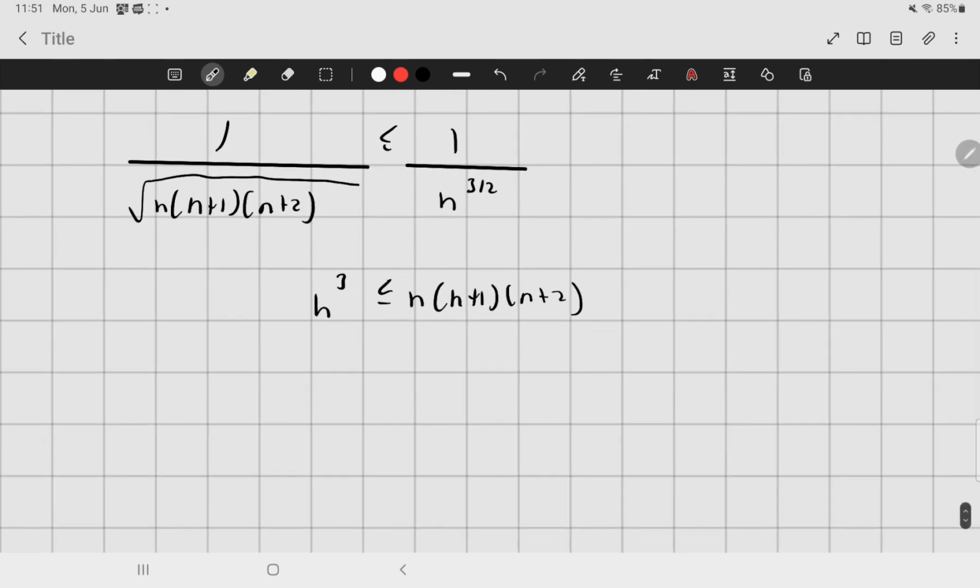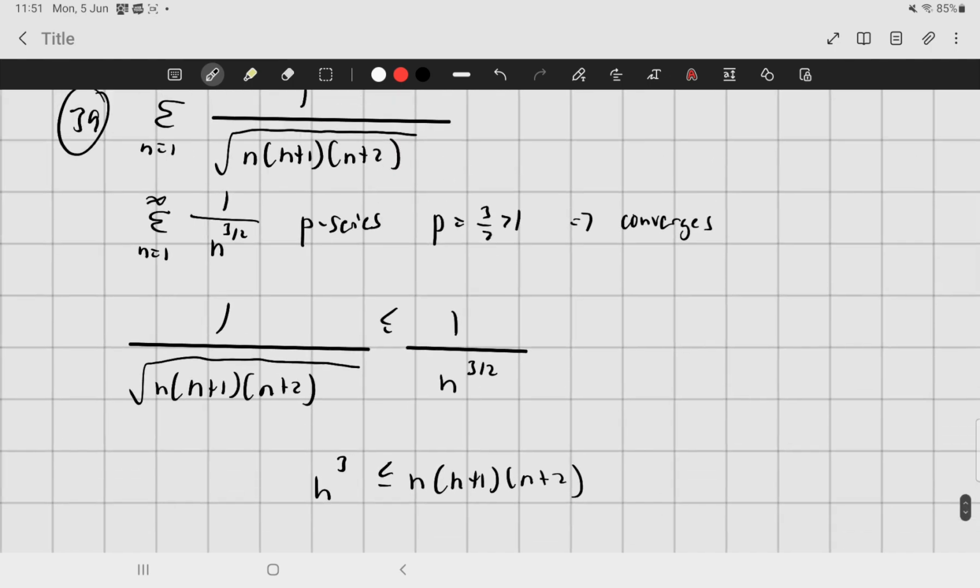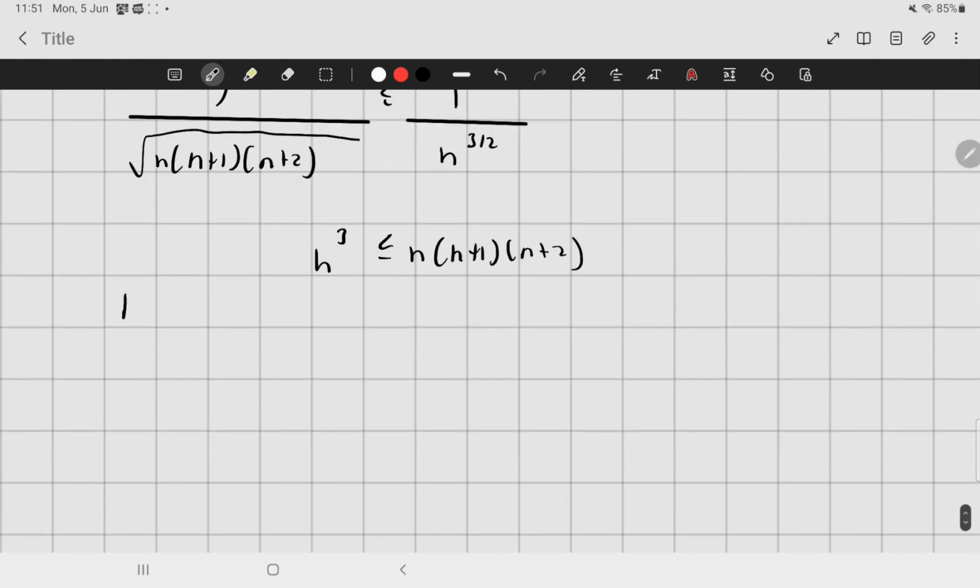Okay. So what are we about to do, gentlemen? We're going to build the inequality for the direct comparison test. So this is it.